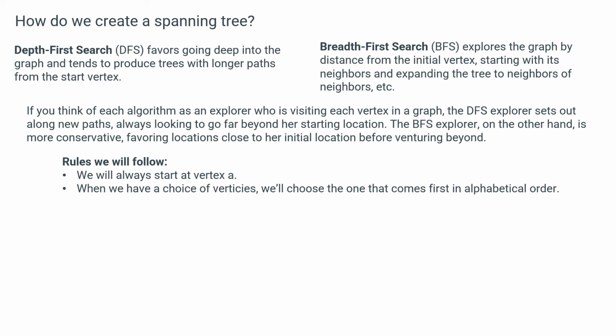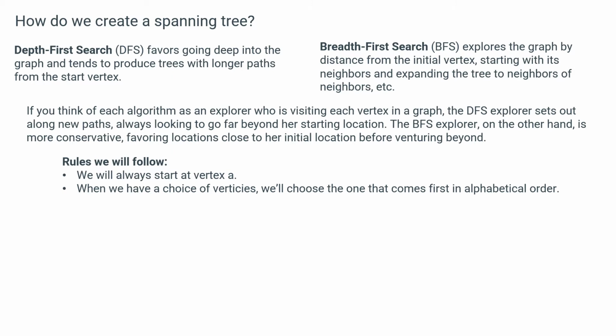Okay, so we'll start at A, and then we're going to follow these rules in both cases, but sometimes we'll have a choice of vertices at any given point. We're following the rules of either depth first or breadth first, but we see that we could go a couple of different ways. If we have a choice, we're always going to choose the vertex that has the label that comes first in alphabetical order.